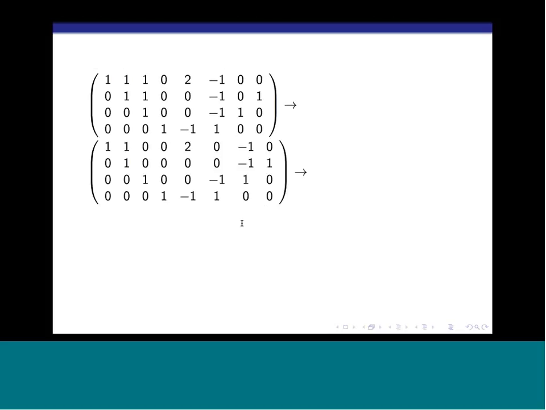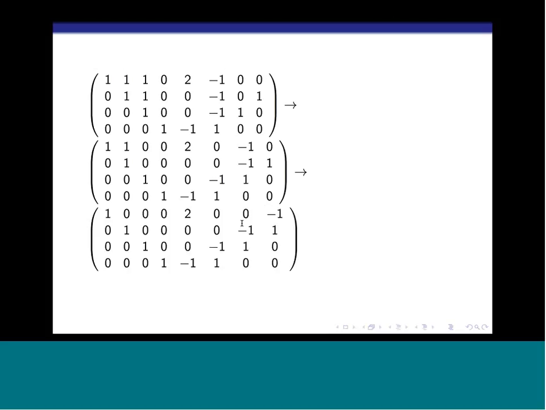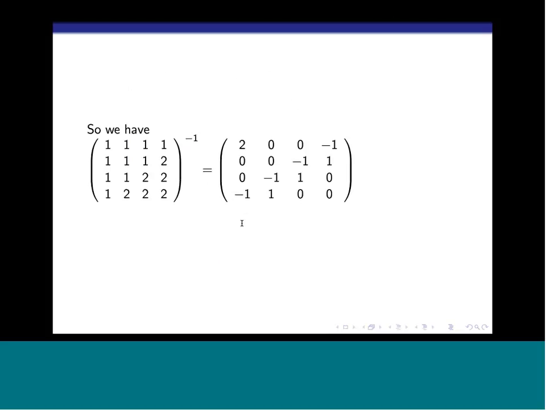Then add the second row times -1, and at the back you get this. So the final matrix is 2 0 0 -1, 0 0 -1 1. That will be the inverse of the original matrix. So we got the inverse. You can write the inverse like an exponent. So the inverse of that equals that. If you don't believe it, verify it. It's going to be true.